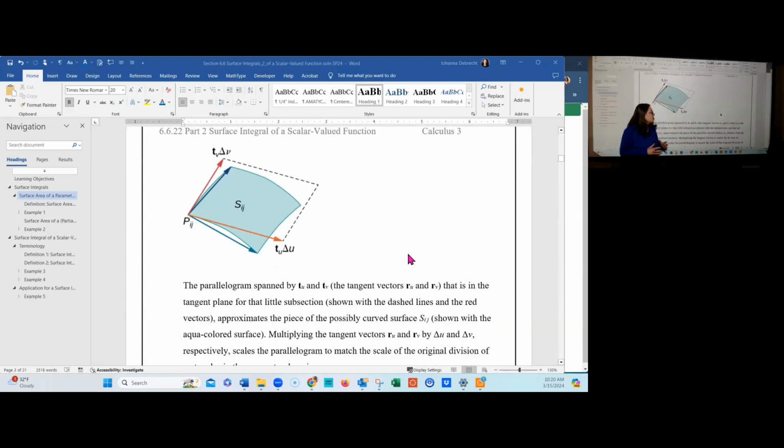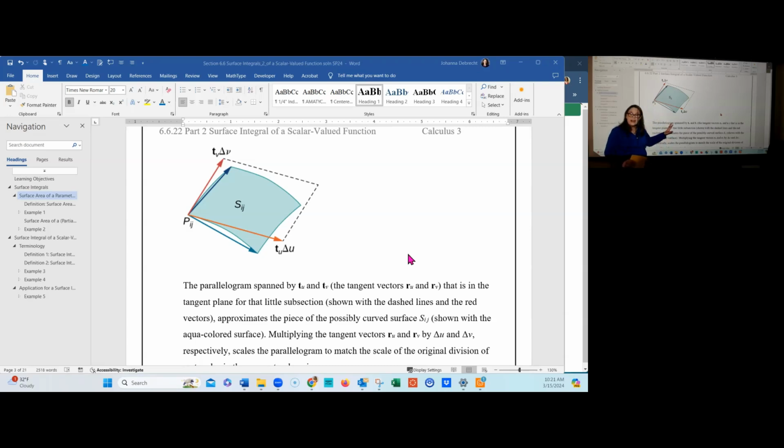Now, we know, of course, that we can find the area of a parallelogram spanned by two vectors by finding the magnitude of their cross products. And what we want to do is approximate the surface area of the surface. So the surface isn't flat, but what we're going to do is cut it into tiny, tiny little pieces. And we're going to approximate each piece by the tangent plane at a particular point in that piece.